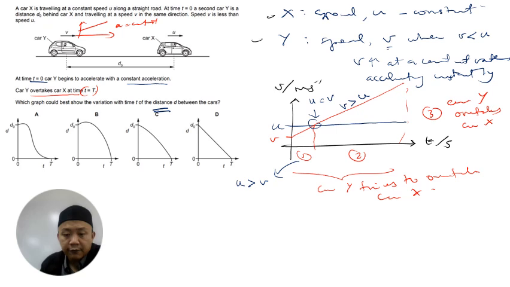If you observe here, the distance traveled during phase 1 by u, let's use the color blue, would be much greater than the distance traveled by car Y. So car Y is still lagging behind.